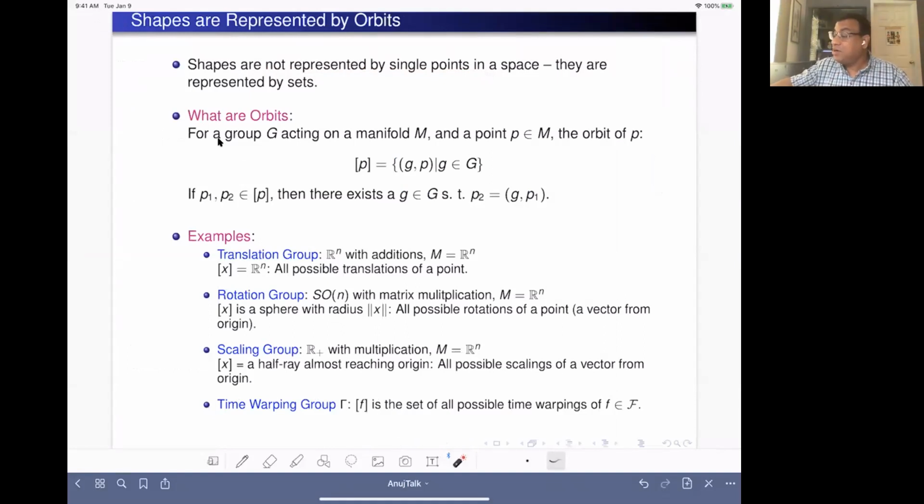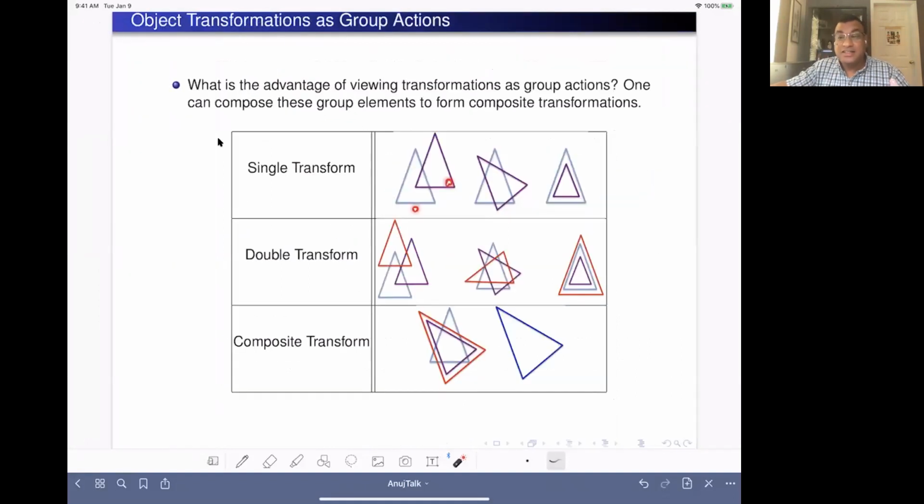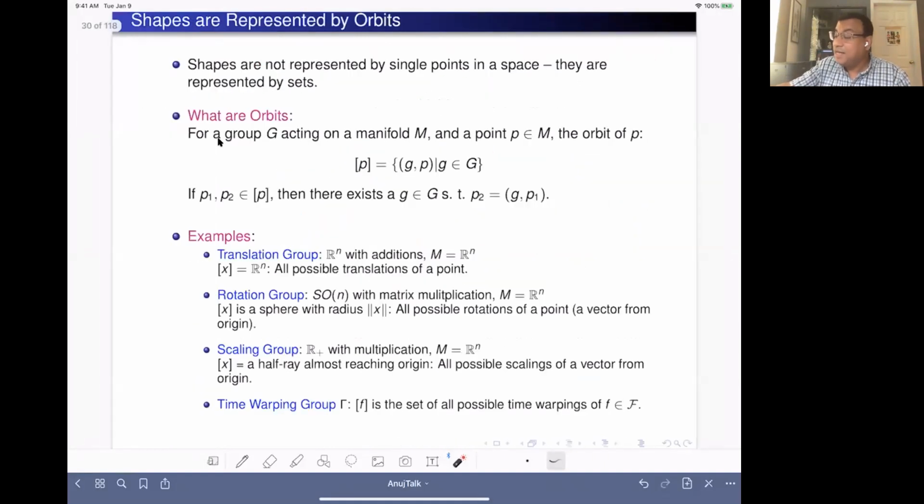No, because if you take that shape and translate it, it's still the same shape, but the 3 endpoints are now different. The coordinates have changed because of translation, rotation, scaling. So shapes are not represented by individual points. They are represented by all possible rotations, translations, scales, and reparameterizations. So shapes are sets. They're not just individual points on which you can do calculus.